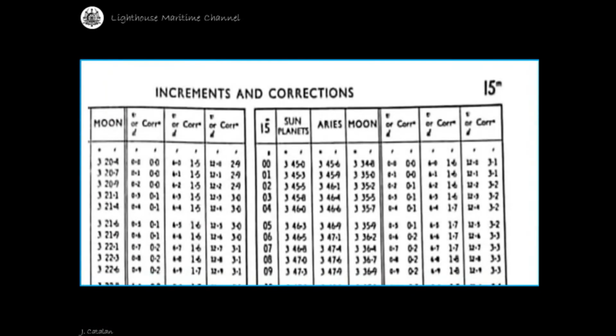Using the nautical almanac, in the increments and corrections table, locate 15 minutes, under the V or D correction, locate 0.8, and then you will find 0.2 minutes.